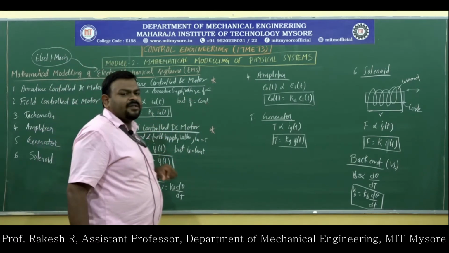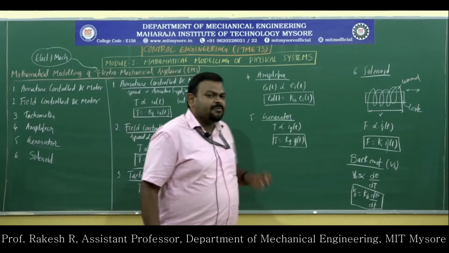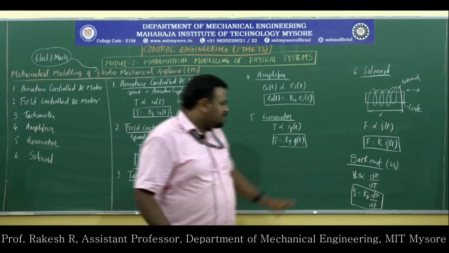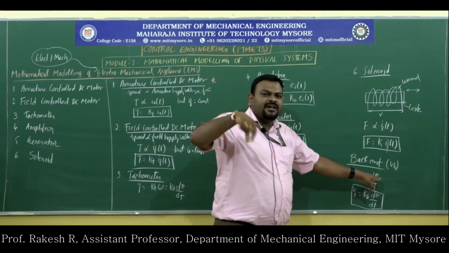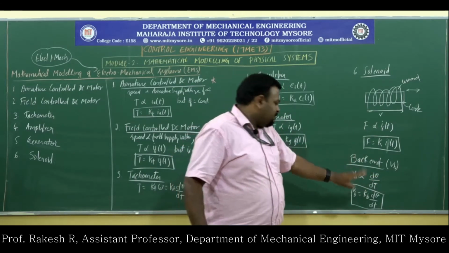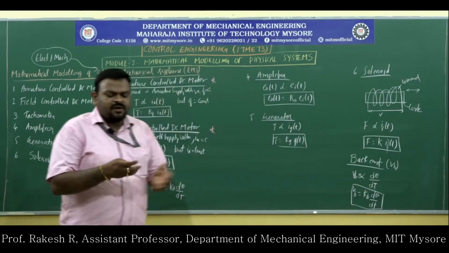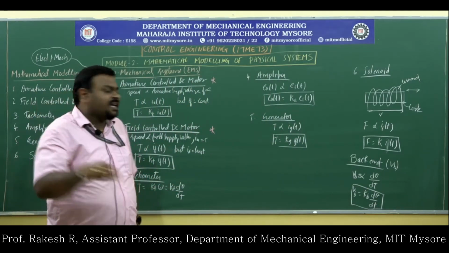Back EMF will be there in almost all armatures, because this back EMF will oppose the rotational motion, and it is directly proportional to the rate of change of angular displacement, and Vb is equal to Kb into d theta by dt, where Kb is the constant of proportionality called the back EMF constant.